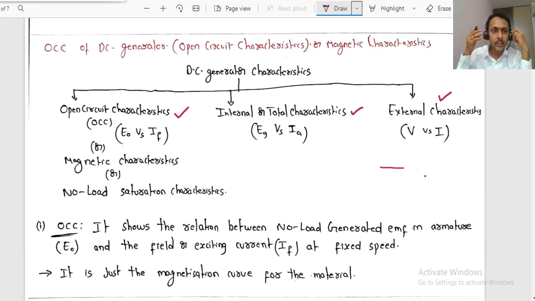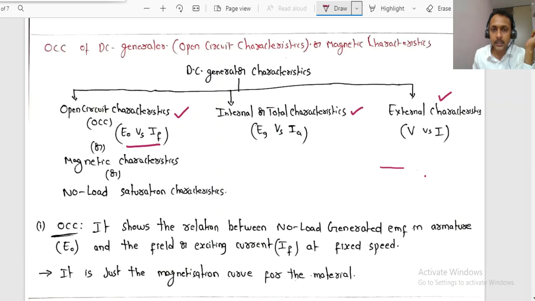If the graph is plotted with respect to E naught versus IF, it speaks about the open circuit characteristics. Here, E naught indicates the no load generated EMF in the armature, and IF indicates the field current.